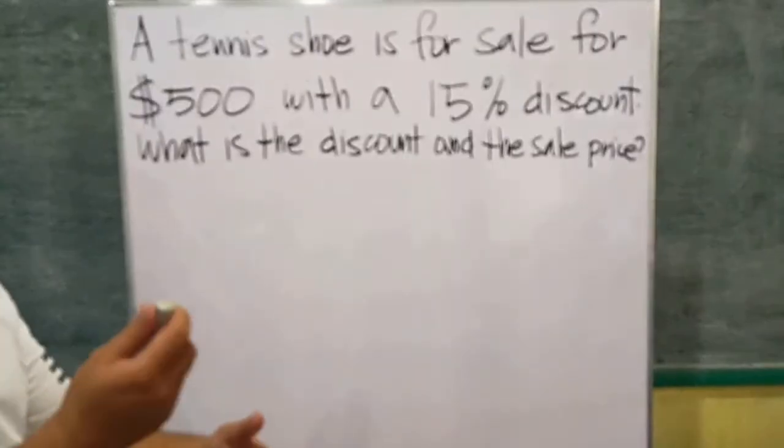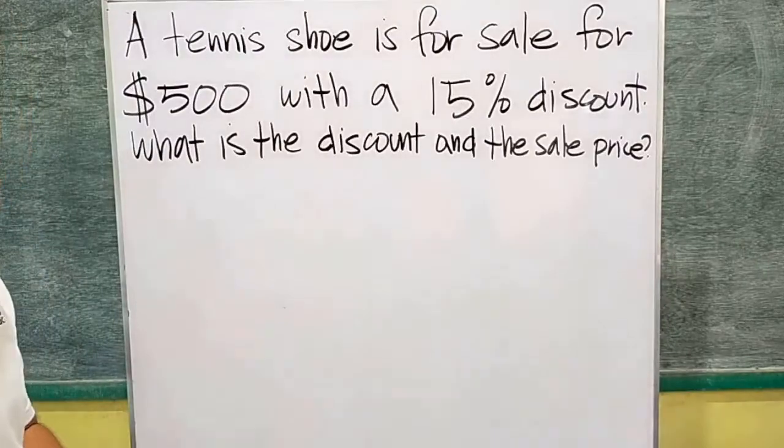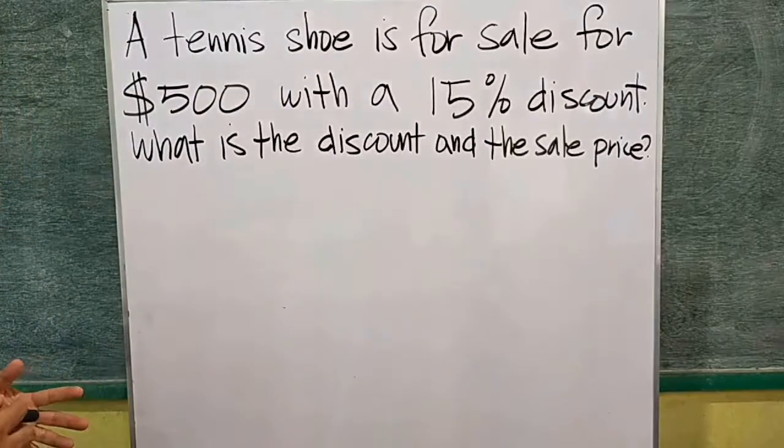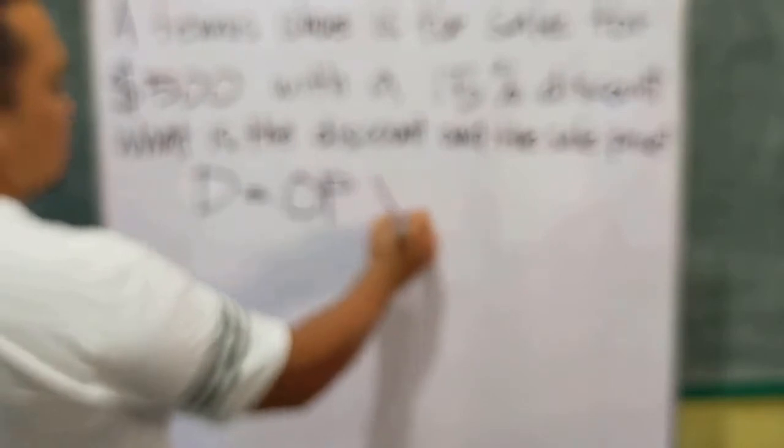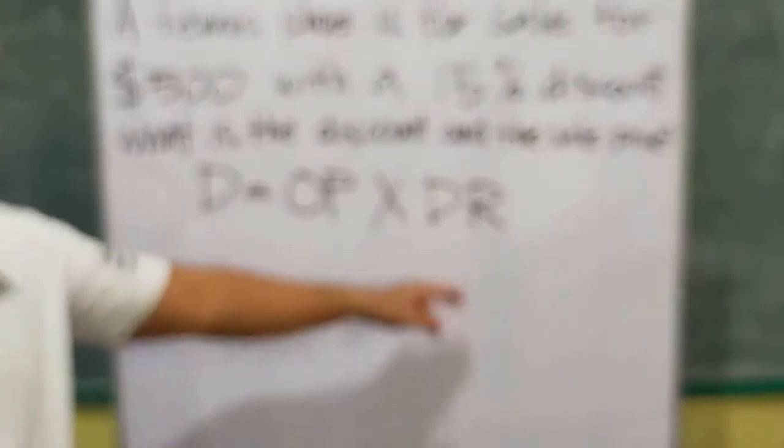Now if we are going to go back to our formula, how to get the discount, D here is equals to OP times DR. Or discount is equals to OP or original price times the discount rate.